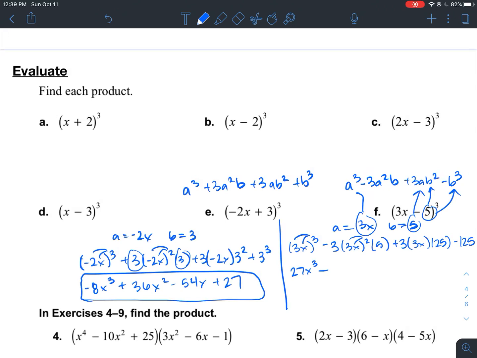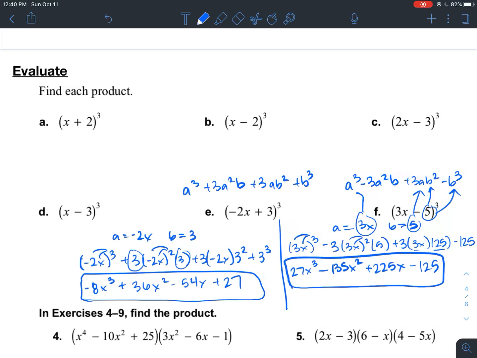Let me go ahead and try that in my calculator. 27 times 5 is 135x squared. Now for this term, it's 25 times 3 times 3. It's 25 times 9, which is plus 225x minus 125.